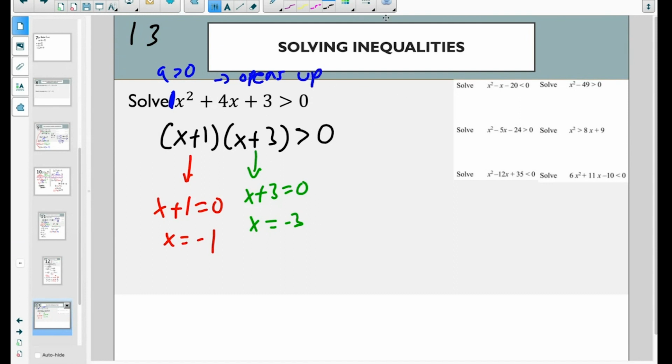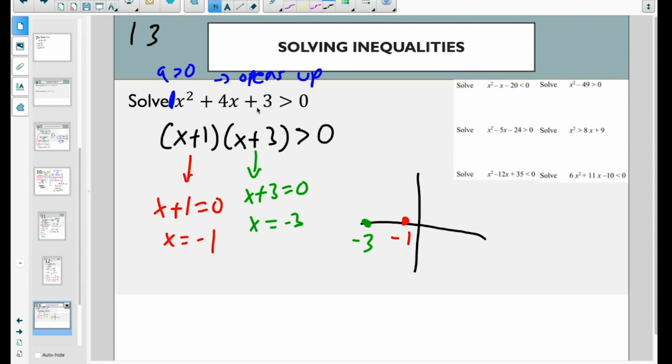It doesn't really affect us in this case, but because we're drawing a quick sketch, it's nice to have that visualization. So we'll have one x-intercept at negative 1, and one here at negative 3. It's going to look something like this, and we know it's going to open upwards.